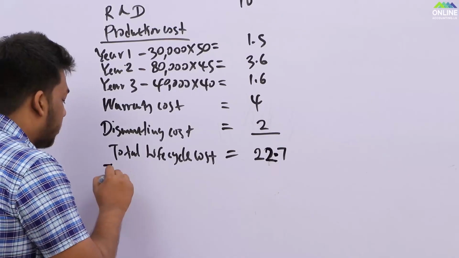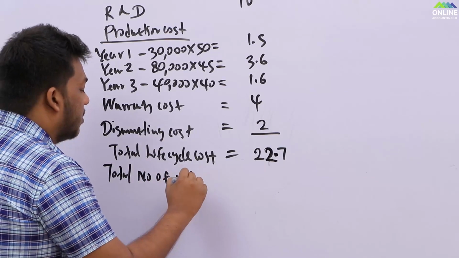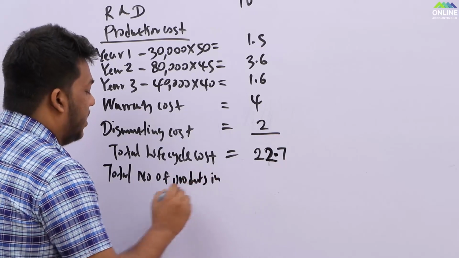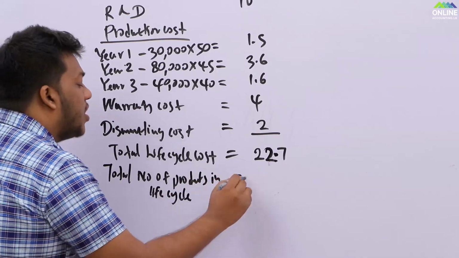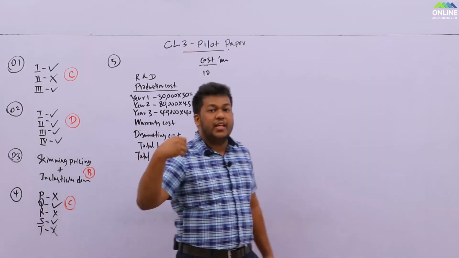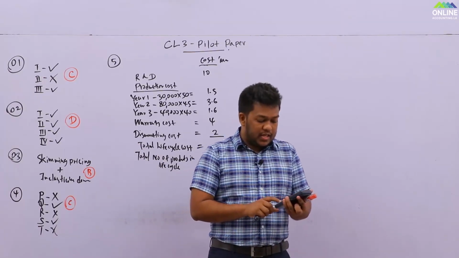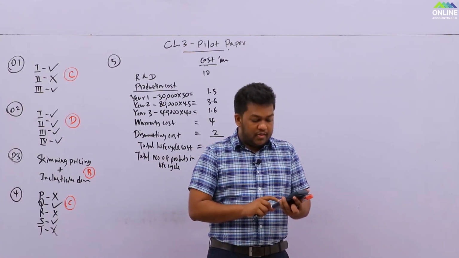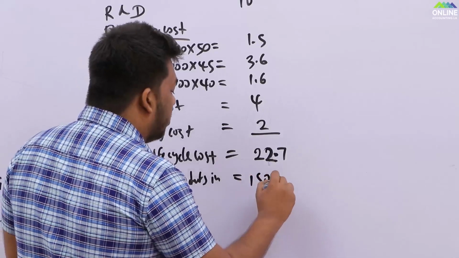Then how many total products are you manufacturing in the life cycle? The total number of units in the whole life cycle: first year 30,000, second year 80,000, third year 40,000, so that is 150,000 units.